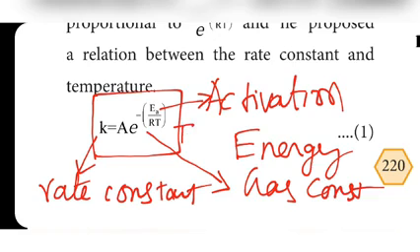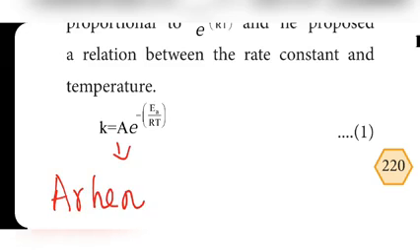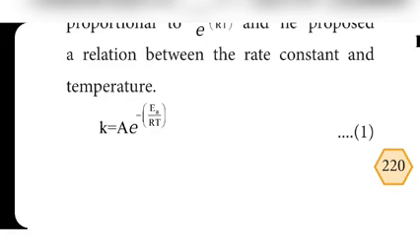Already we know, T means temperature. And the last one, A means Arrhenius frequency factor.